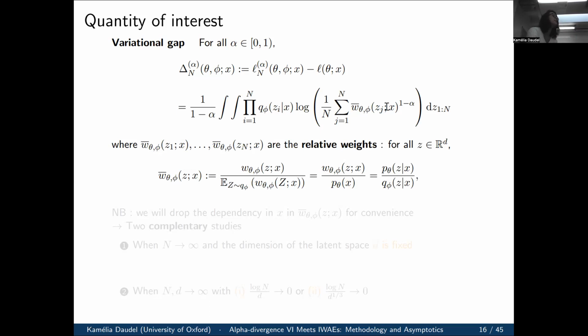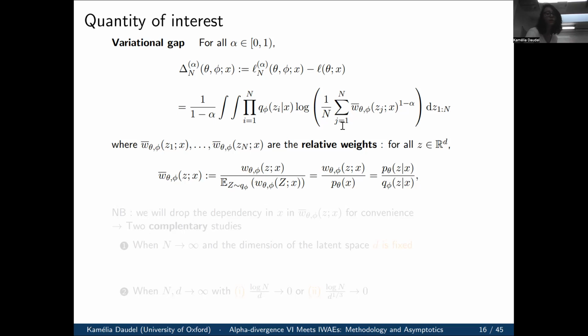The relative weights are my weights from before, the joint divided by my approximation, renormalized, because now I'm taking the expectation here, so I divide by the expectation. It just means that I'm looking at my posterior density divided by my approximation. So when those weights are 1, this is 0. This is what I was telling you makes sense: if my posterior density and my variational approximation are equal, then my variational gap is 0.